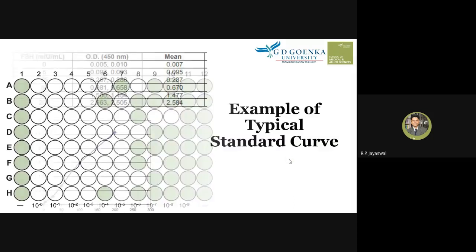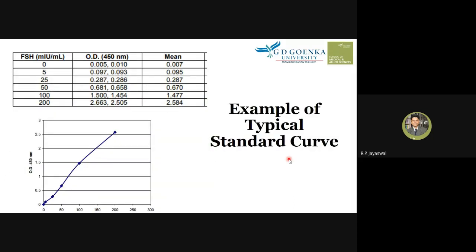Here is the standard curve graph. The first standard concentration is 0, and the OD at 450 nanometer was taken twice, 0.05 and 0.10, and the average of this OD is 0.07. So we took the first OD and second OD of different concentrations of FSH, and this is the average OD of each concentration.